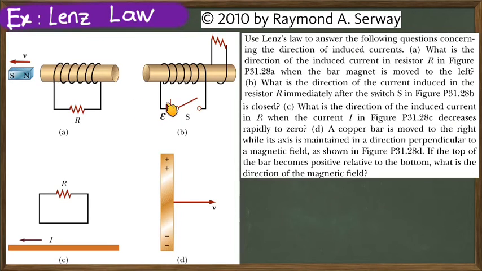In the second picture you have a battery, this part has plus polarity and this side is minus polarity, and you have a switch, and you may close or open the switch, and you have a second loop going through this cylindrical ferromagnetic cylinder, and you have a resistance here.